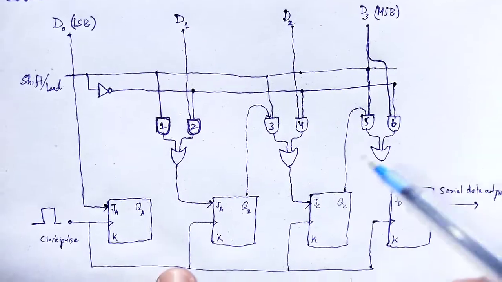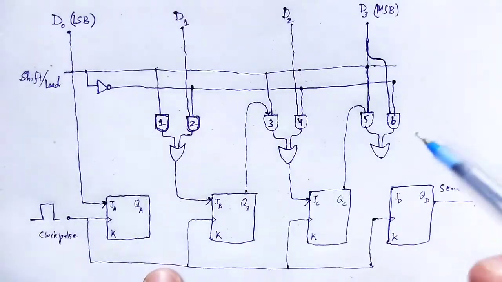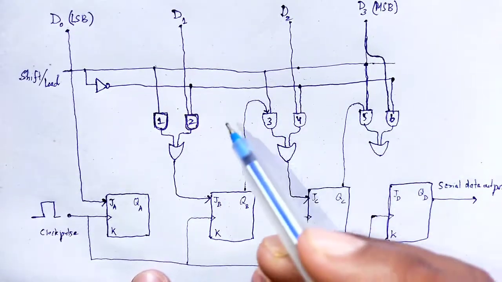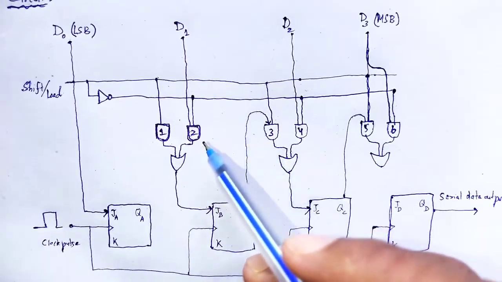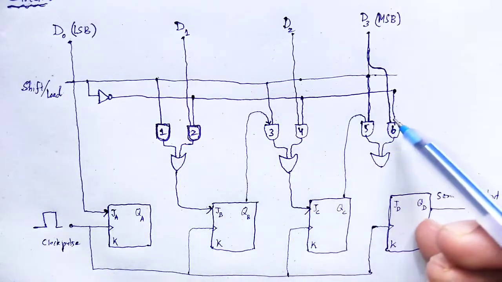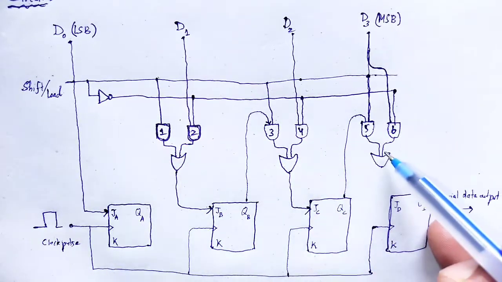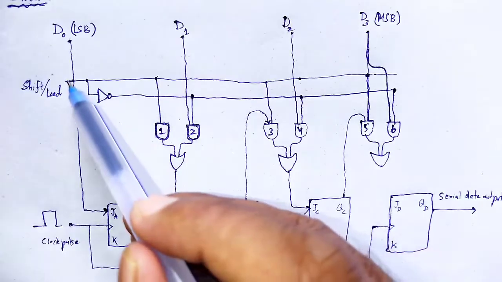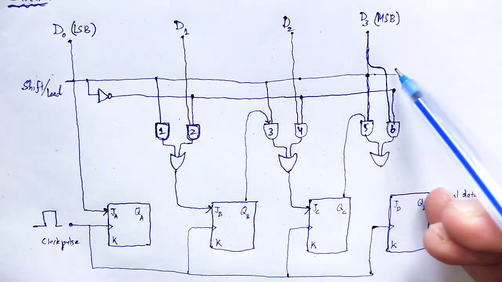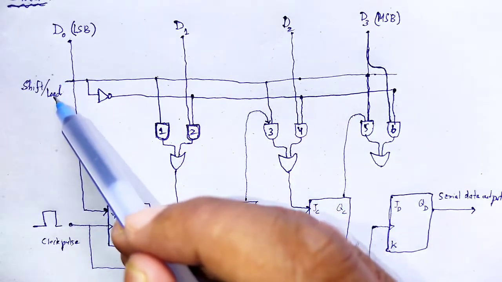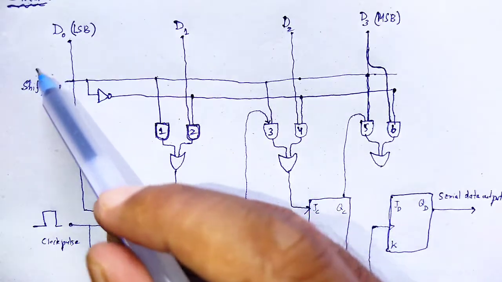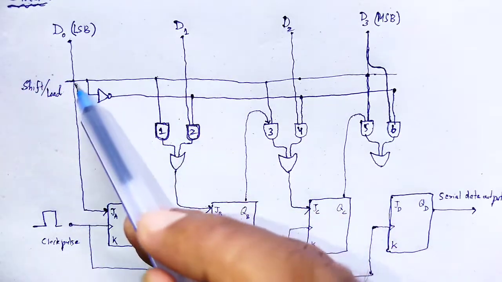In this circuit, 6 AND gates and 3 OR gates are used, and that line is the shift or load line, which is known as the control line.